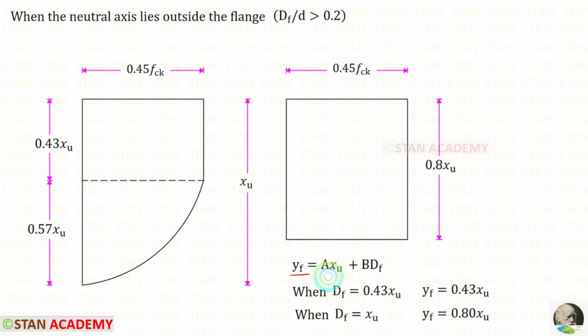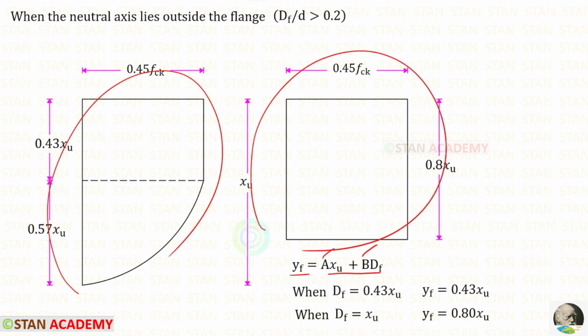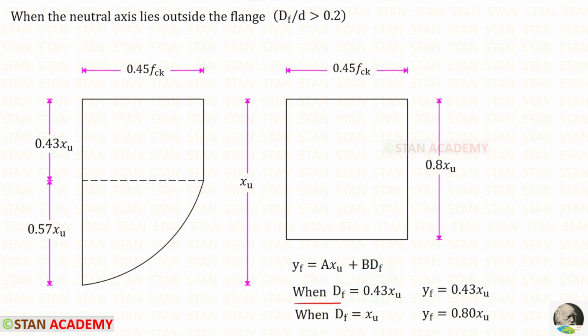yf will be equal to A xu plus B Df. Here we need to find A and B. Using Whitney's blocks, we can find them. When Df is 0.43 xu, yf also will be 0.43 xu. When Df will be xu, yf will be 0.8 xu. This is based on assumption.